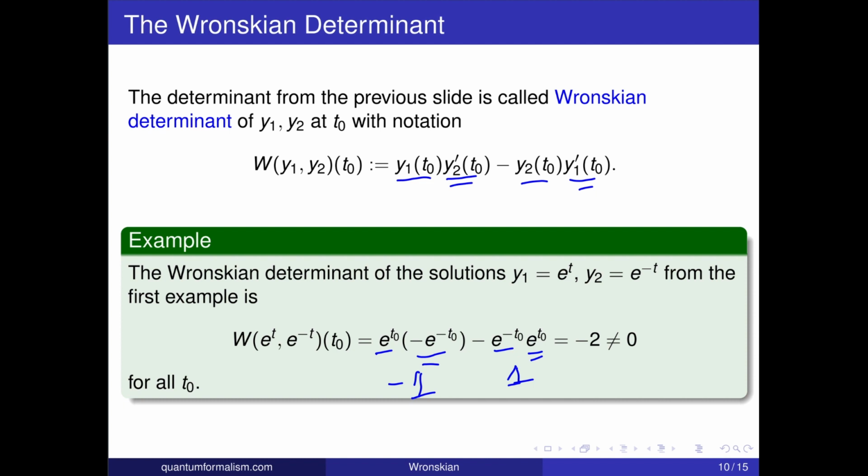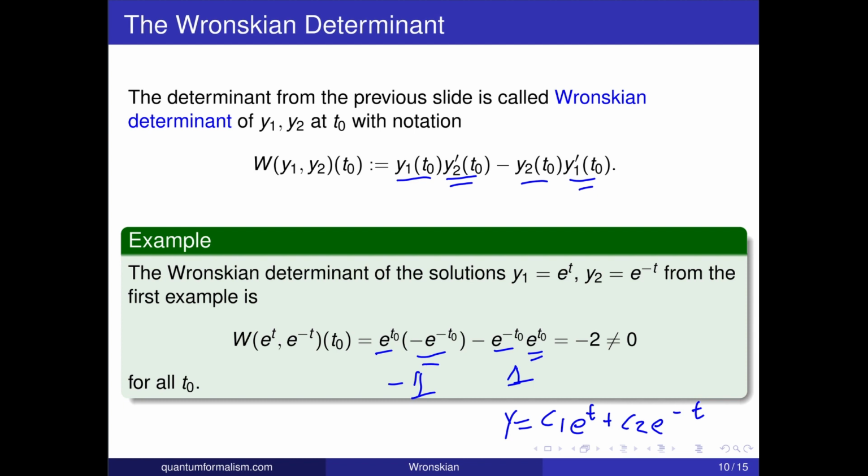Superposition tells us that something like c1 e to the t plus c2 e to the minus t, anything that looks like this will be a solution, and we can solve every initial value problem. No matter what the value of t0 is, the Wronskian's non-zero, so we can solve any initial value problem. We can find the appropriate values of C1 and C2 that work. And so that means this is, in fact, the general solution. Okay.